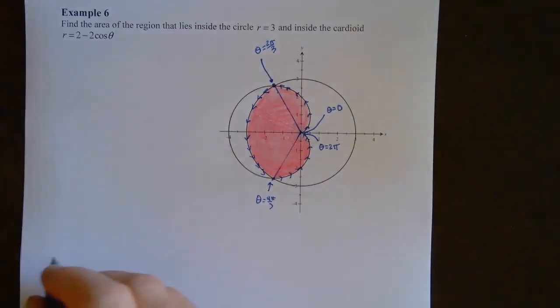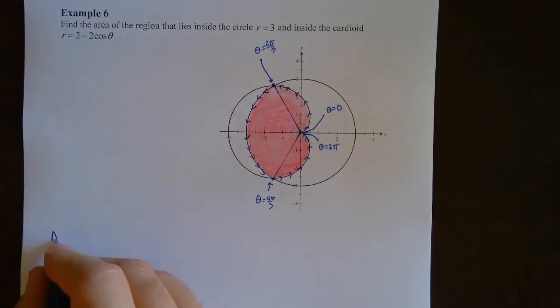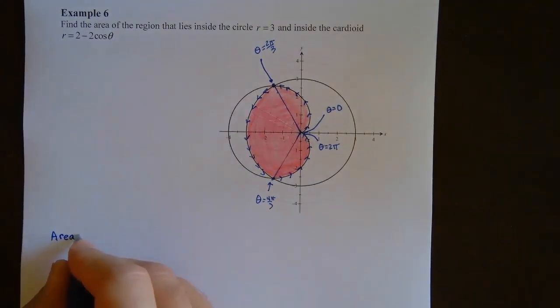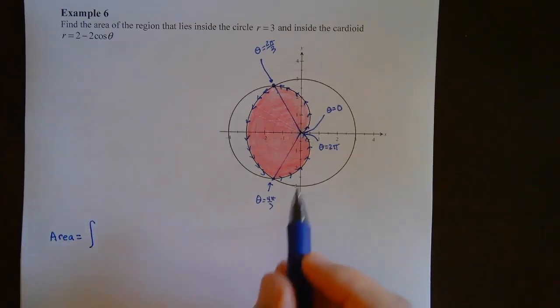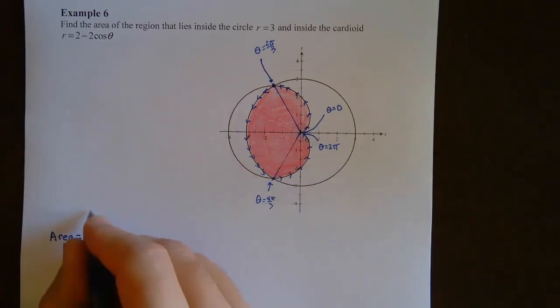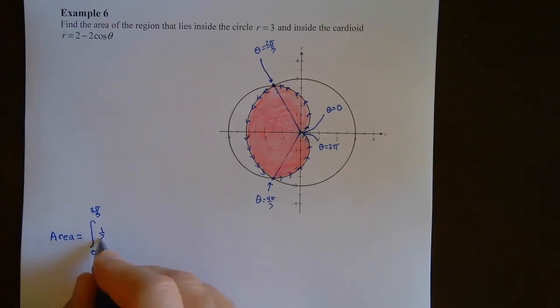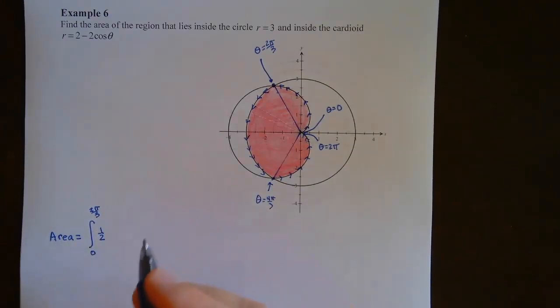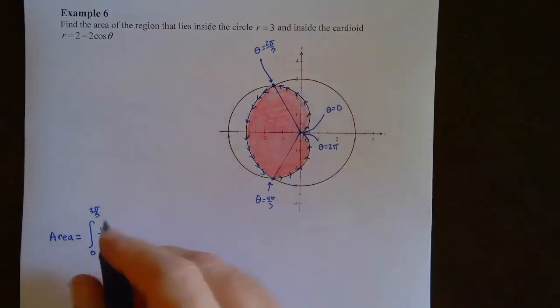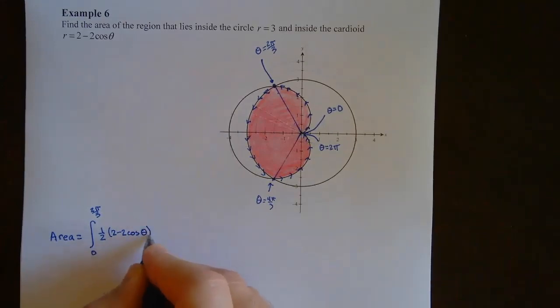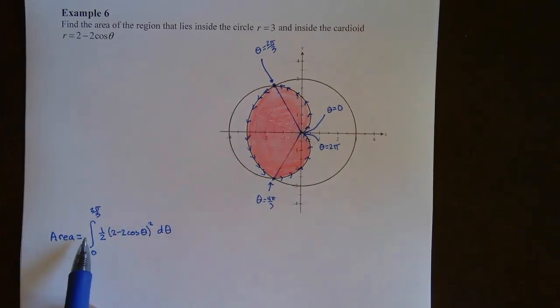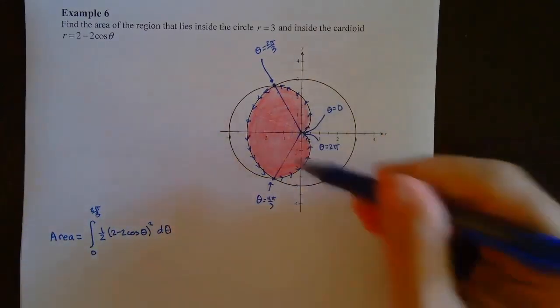Okay, so here we go. The area is equal to the integral from 0 to 2 pi over 3 of 1/2 times (2 minus 2 cosine theta) squared d theta, because it's the cardioid. Now, if you doubled it, that would give you this area, and then you wouldn't have to do another integral for this one.